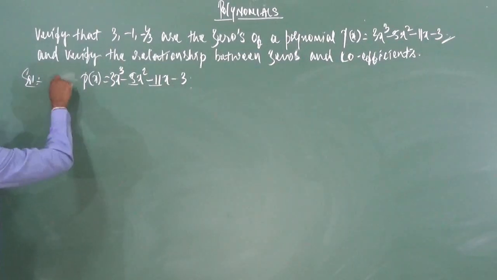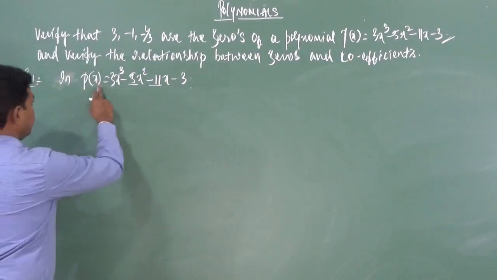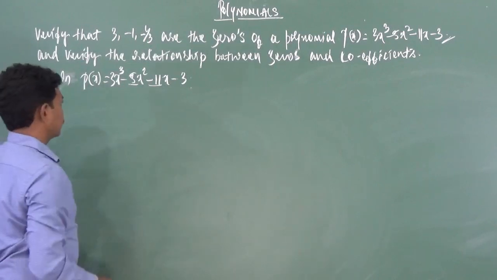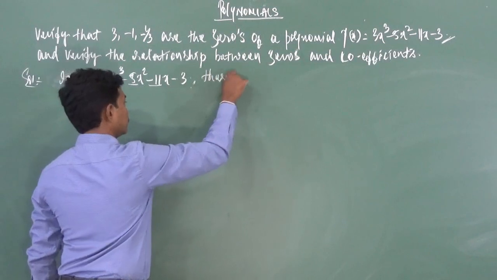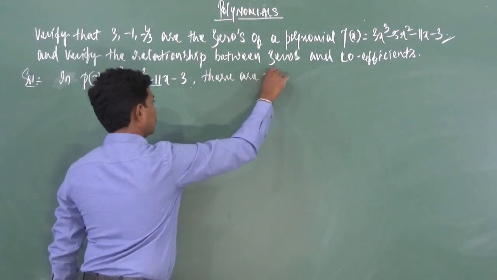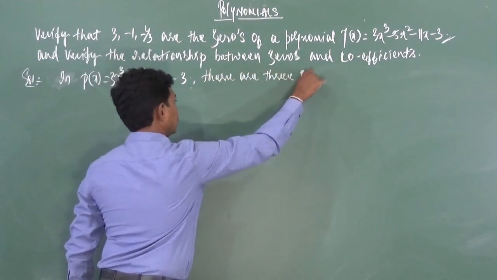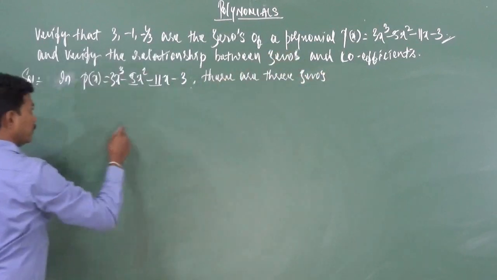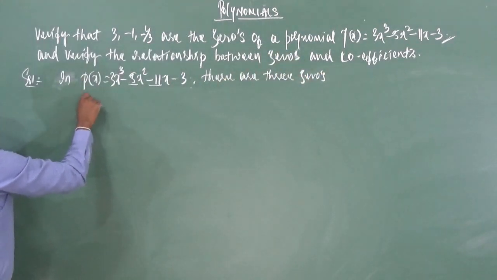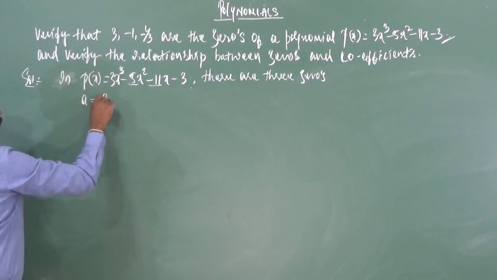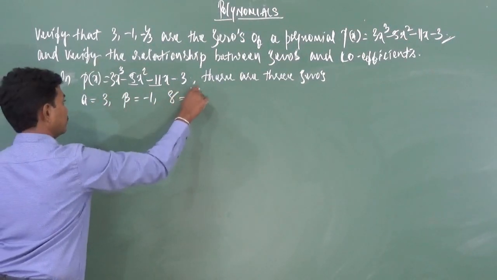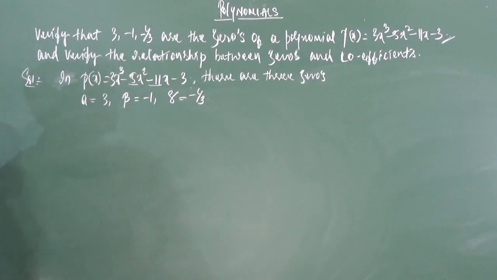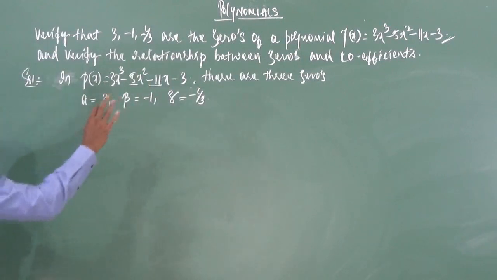So, in P of x is equal to 3x cube minus 5x square minus 11x minus 3. There are three zeros. Okay, just now we have verified alpha is equal to 3, beta is equal to minus 1, and gamma is equal to minus 1 by 3. These are the three zeros where we have verified them.